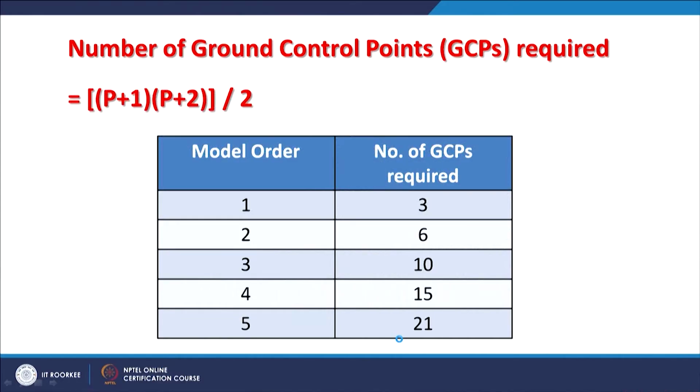So, if I put P equal to 1, then I am choosing first polynomial order, and I would require only 3 control points to achieve a transformation. But if I go for second order, I would require just double ground control points. If I go for third order, I require then 10. So, as you go higher and higher in order, the requirement of control points will increase significantly.